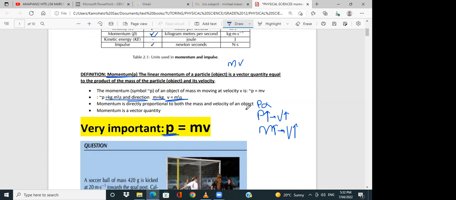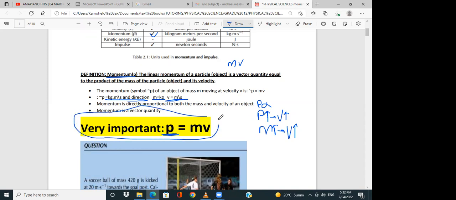And if an object's mass increases, then its momentum will also increase. You feel me? So if both the velocity and the mass increase, then your momentum is still going to increase.